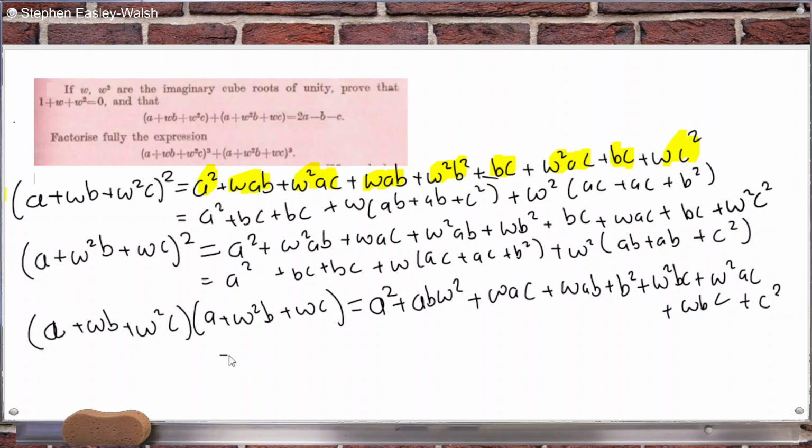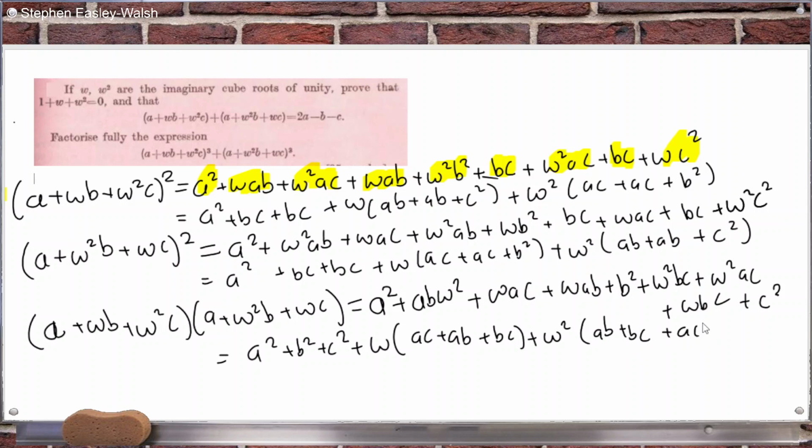So that's equal to a squared plus b squared plus c squared plus omega times ac plus ab plus bc plus omega squared times ab plus bc plus ac.